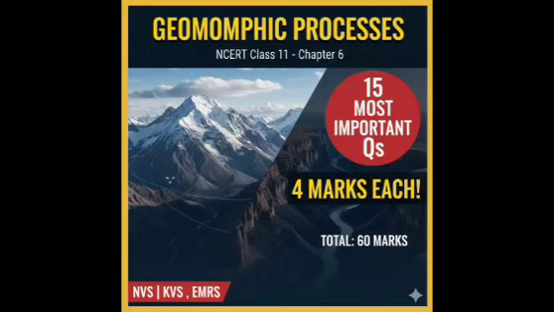Next is mass wasting, that is movement or shift by gravity. And next is erosion and transportation. Erosion is the removal and carrying away by moving agents. Erosion and transportation are the final removal.